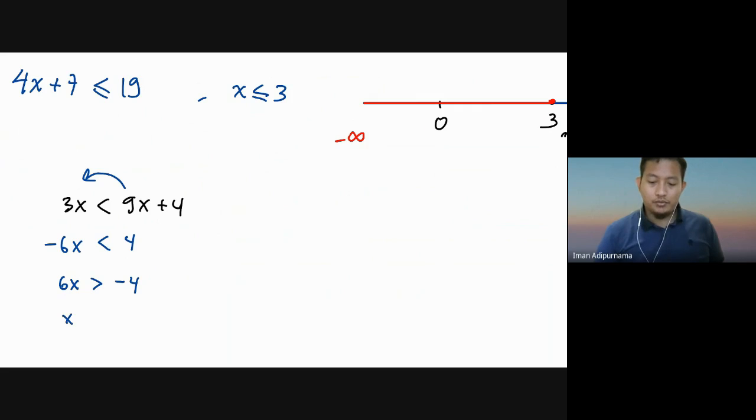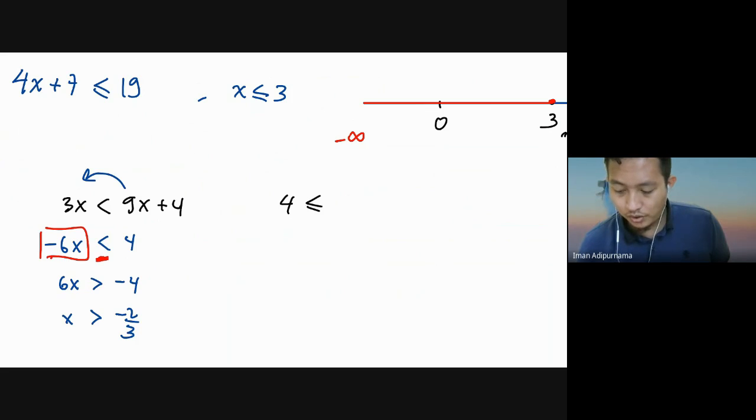Okay, and then divide by 6. So be careful when you have this less than and then you have negative x. If you want to multiply everything by negative, then this less than will be changed into greater than. Okay, all right.